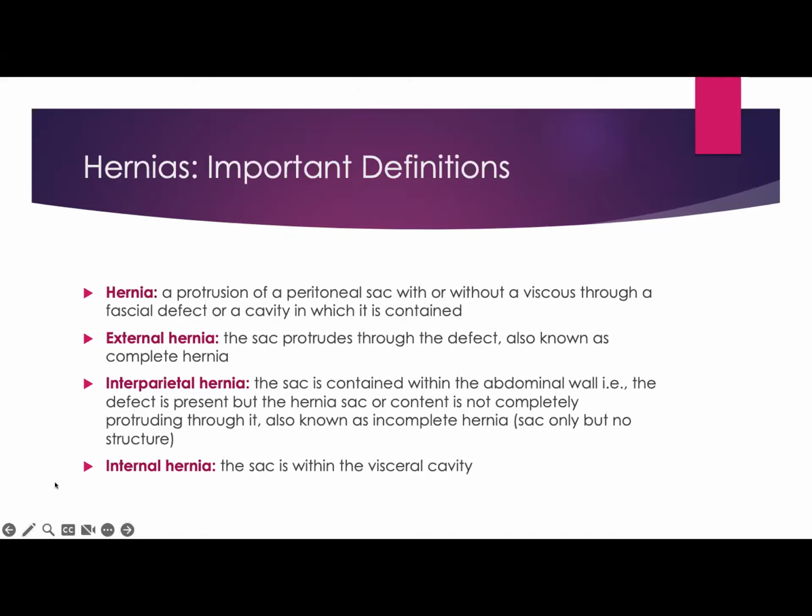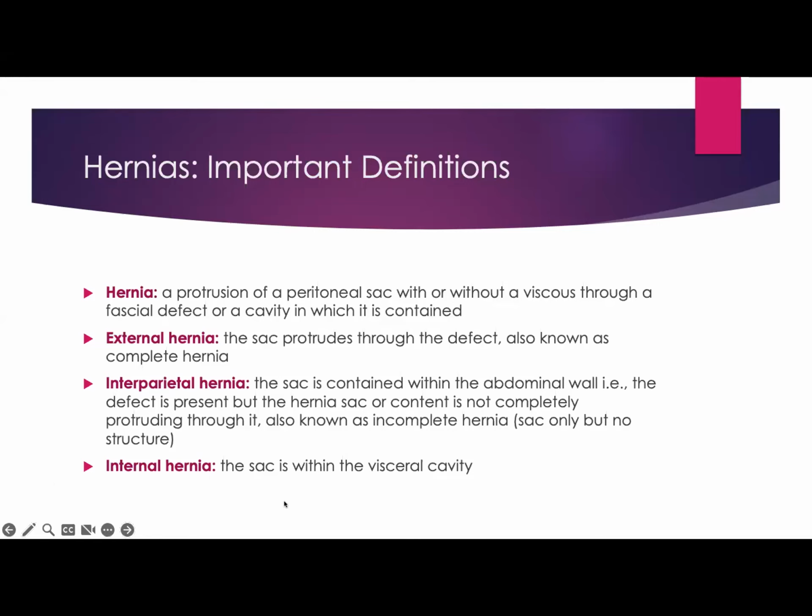Then the other type of hernia is the internal hernia, which is not a hernia through the abdominal wall. However, it's through the abdominal cavities. So we have the mesenteric spaces. We have the omental sac.